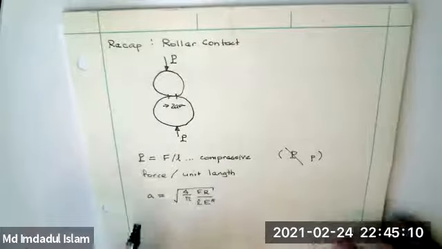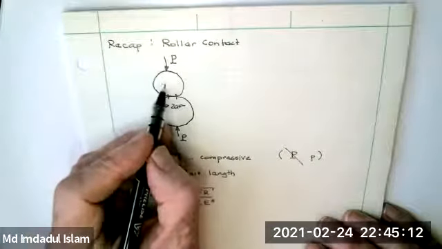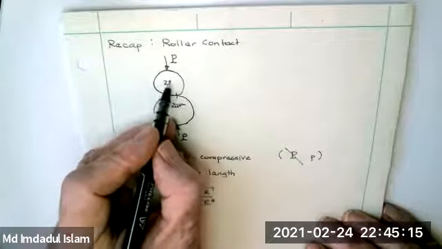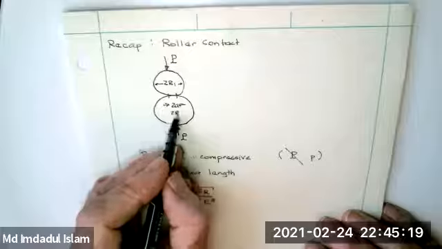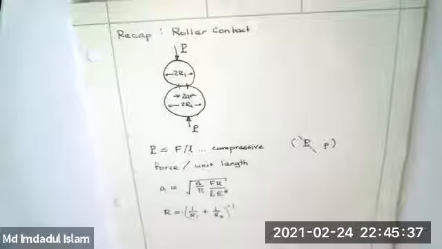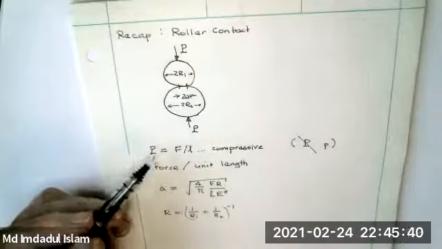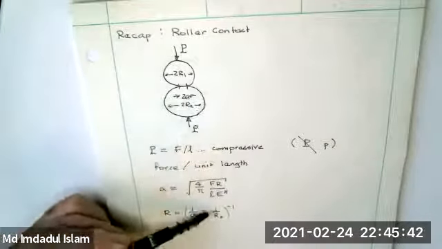R is this radius, and it's a collective radius. One of the things that can happen here is if R2 was a slab, then it would be infinity and nothing would happen.